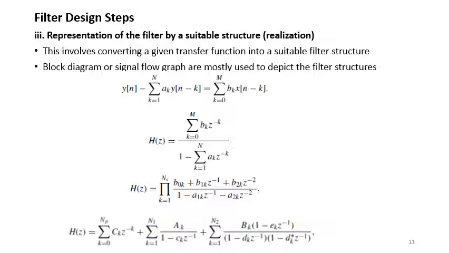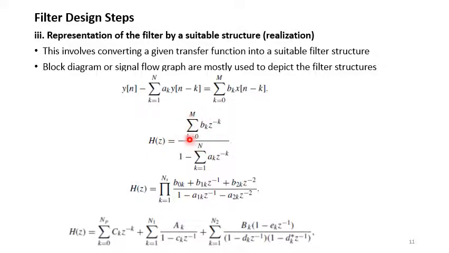That can be a block diagram or a signal flow graph, both of which are most widely used to depict filter structures. In general, you understand that's the generalized linear constant coefficient difference equation. Based on this equation, we can find the system function, which is something like this.